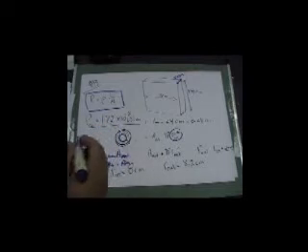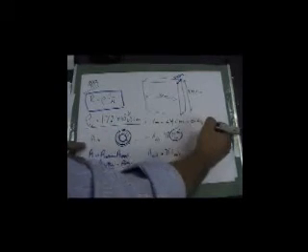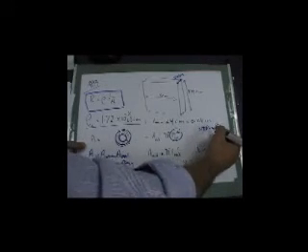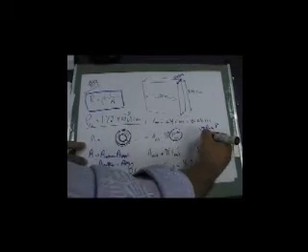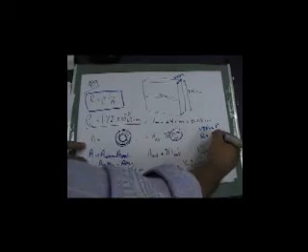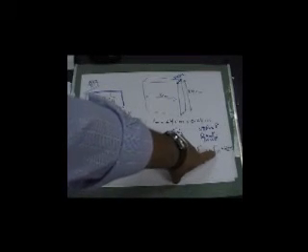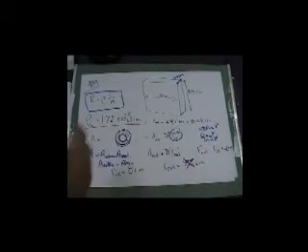So from here I can find r in, which is simply 8 divided by 2 pi. And to get my r out, it will be r in, the one I got, plus the 2 millimeters.